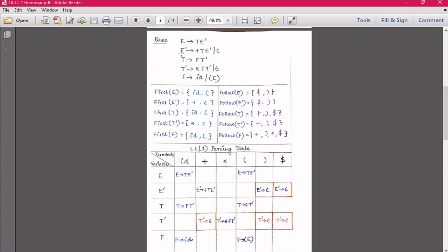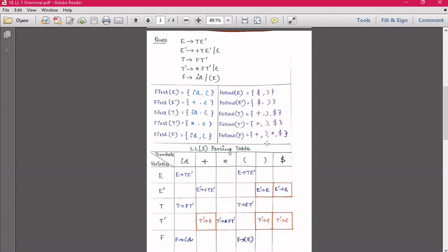And what are the terminals? We have terminals in the first and follow, so they are id, or you can see the grammar also. In the grammar we have plus, we have id, we have the multiplication symbol, we have the brackets here, and we have dollar also. So how to map these productions in this given table?